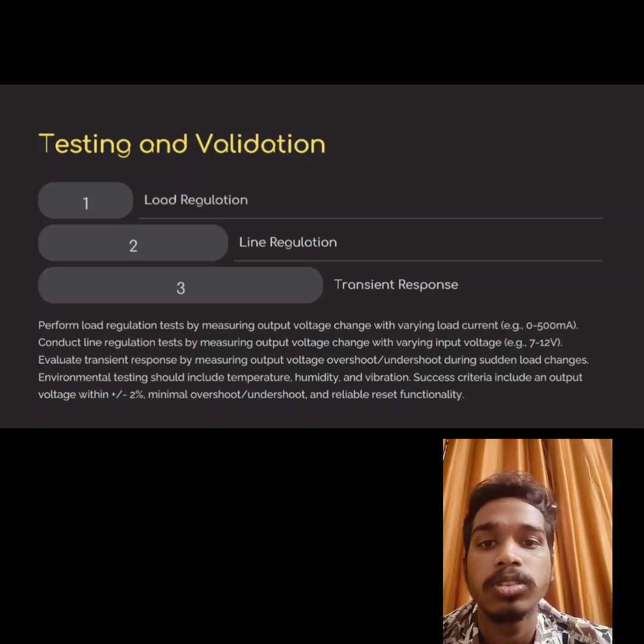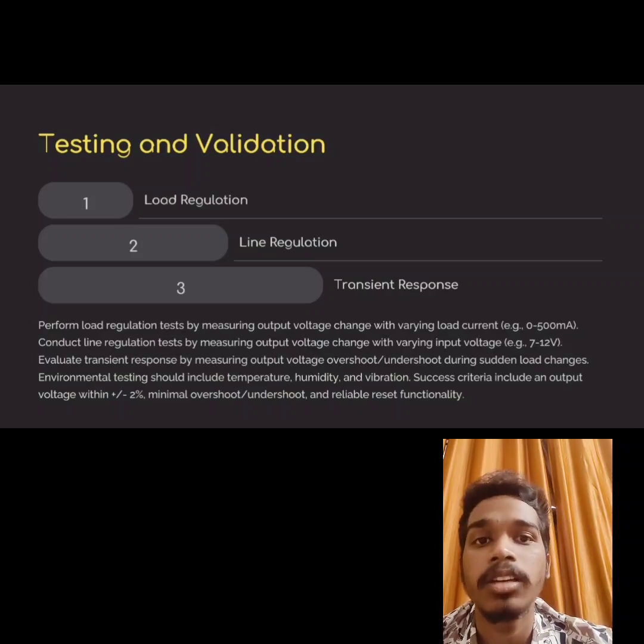Environmental testing should include temperature, humidity, and vibration. Success criteria include an output voltage within plus or minus 2%, minimal overshoot and undershoot, and reliable reset functionality.